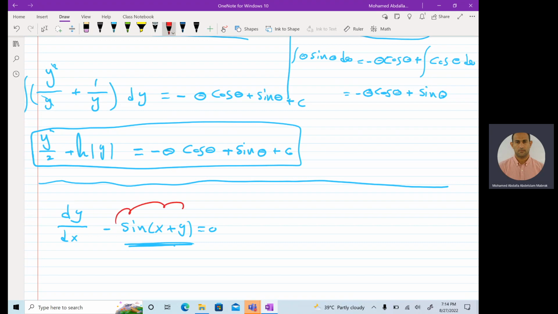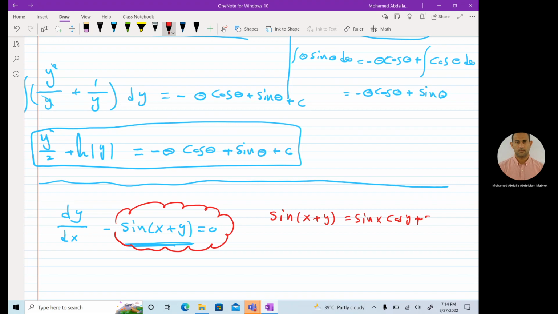Is there something in trigonometric identities that converts this to a product? I guess there is. We have sine of (x plus y) equals sine x cosine y plus sine y cosine x.